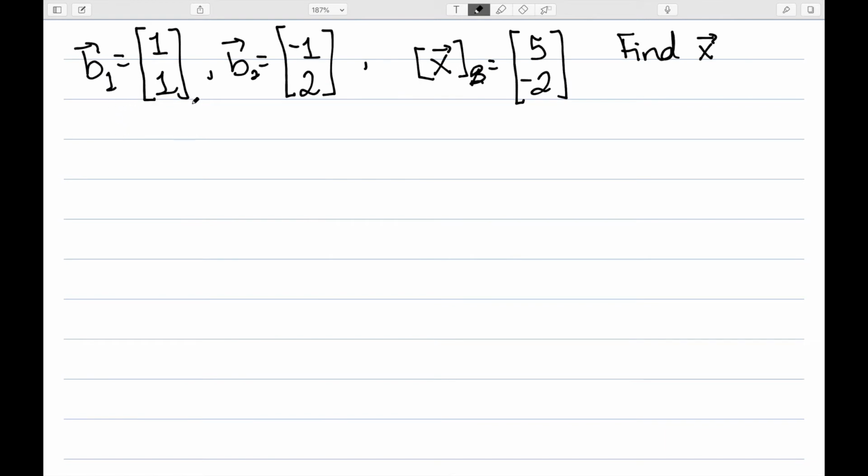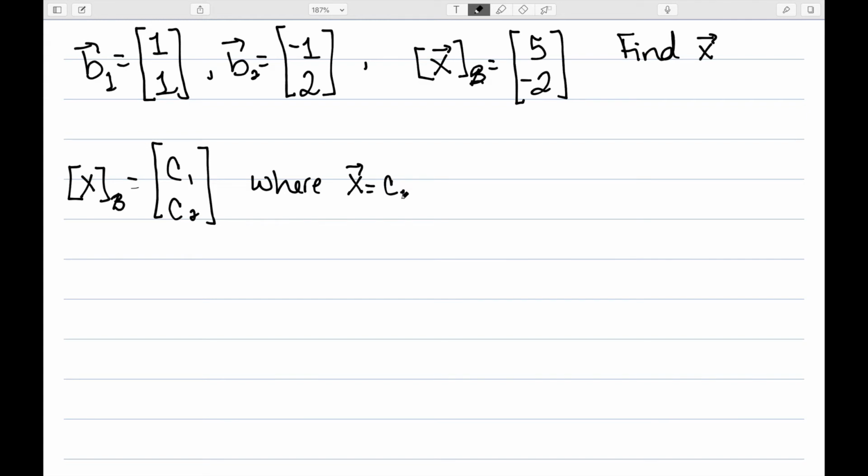Here I have b1 and b2 to form my basis for R2. And I have a coordinate vector x sub B of (5, -2), and I want to find the value for x. So what I said was that x sub B, in this case, since we're dealing with R2, would be equal to (c1, c2), where x is equal to c1 b1 plus c2 b2.